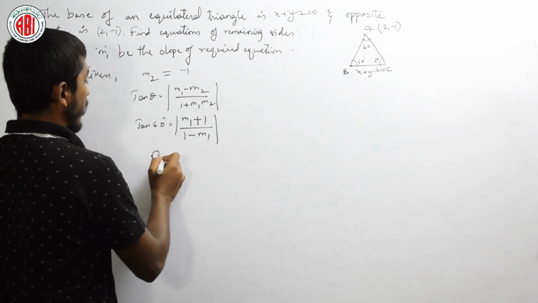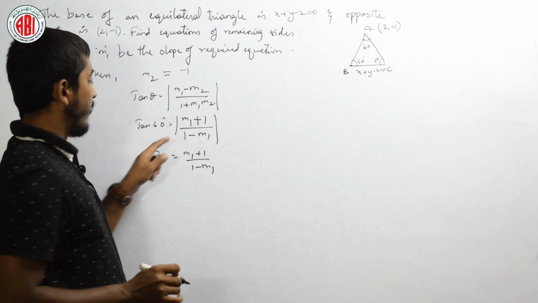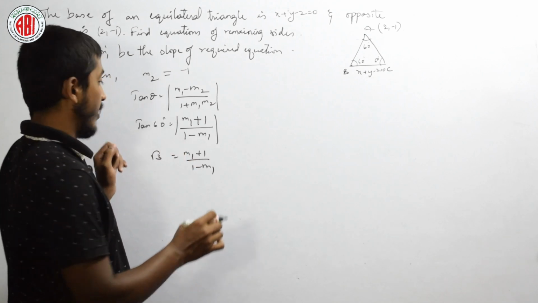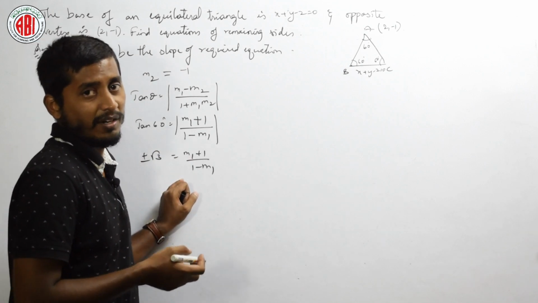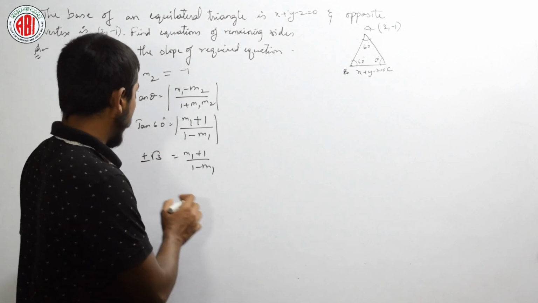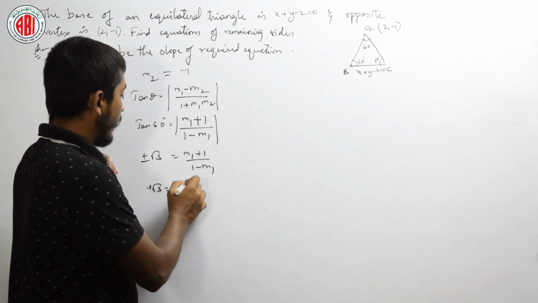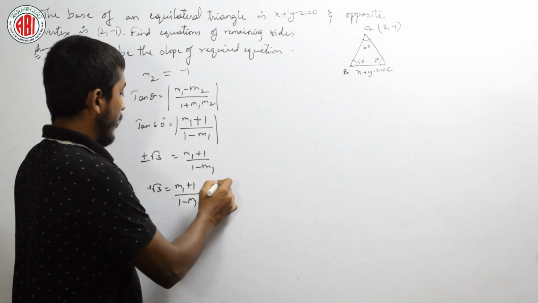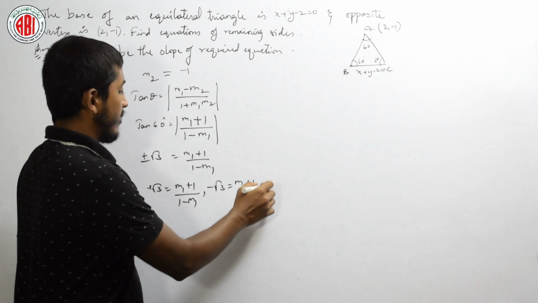Here it is root 3 is equal to mod of m1 plus 1 by 1 minus m1. If we remove the modulus on the right hand side, it becomes plus or minus on the left hand side. Is it clear? Now, let us cross multiply and find the values of m1, that is plus root 3 equal to m1 plus 1 by 1 minus m1, comma minus root 3 equal to m1 plus 1 by 1 minus m1.